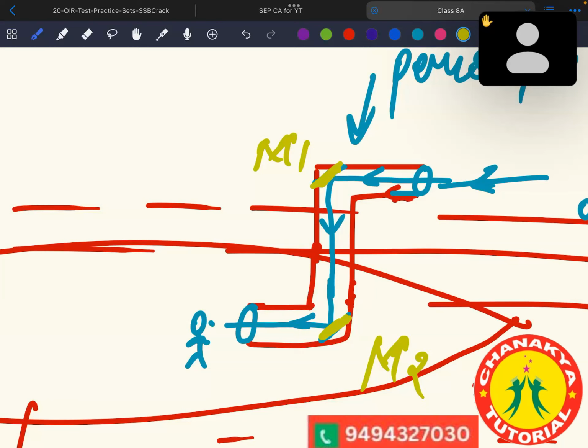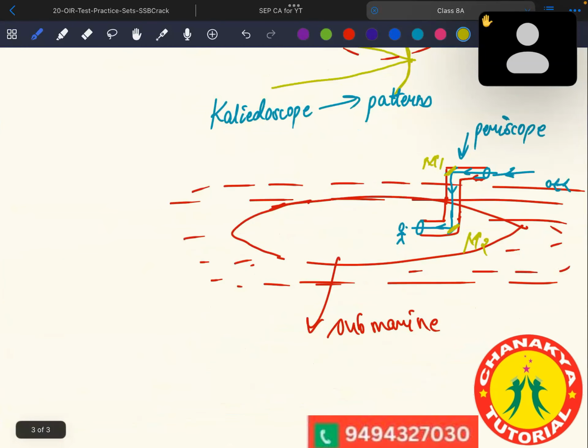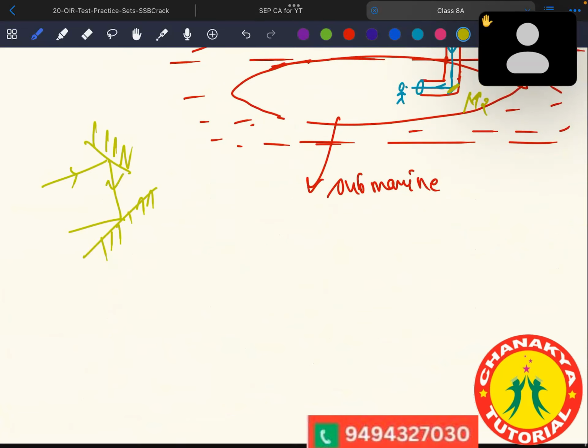So any light that is reflected more than once, whether the mirrors are parallel or aligned at some angle, does not matter. The thing that matters is that the light gets reflected more than once. If it does, that is the phenomenon of multiple reflection.